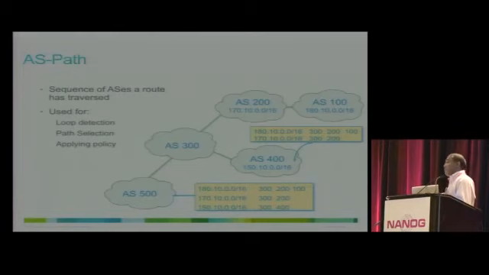For example, I may prefer a route going through a specific autonomous system, or I may prefer a route that does not go through a specific autonomous system. So you can apply policy to exclude those prefixes or to less prefer or more prefer a route that goes through a specific autonomous system.